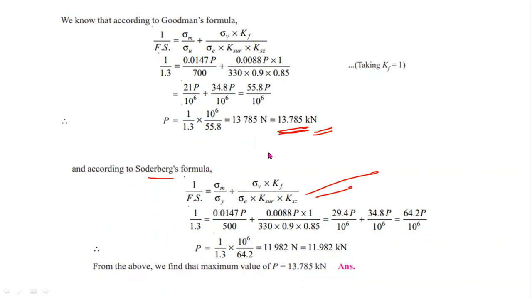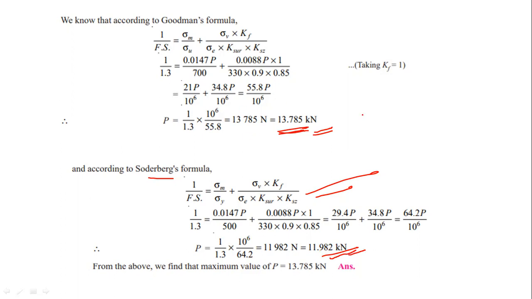In Goodman's method, we are considering ultimate strength for designing the machine components. In Soderberg method, we are considering the yield stress for designing the components. Here you can observe that by using the Soderberg method, the value of P equals 11.982 kilonewtons.